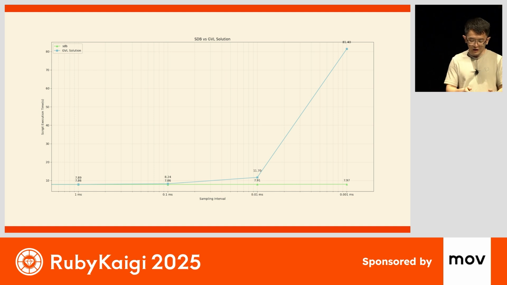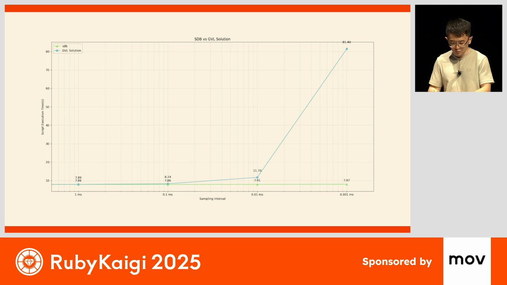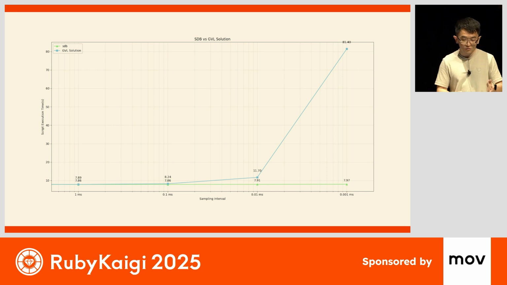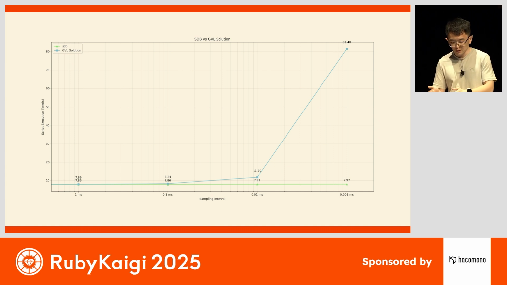The x-axis is the sampling interval, ranging from 1 millisecond to 1 microsecond, and the y-axis is the execution time. Larger means the stack profiler impacts the script more. The blue line represents the GVL-based solution. You can see clearly that when we decrease the sampling interval, the execution time increases sharply.